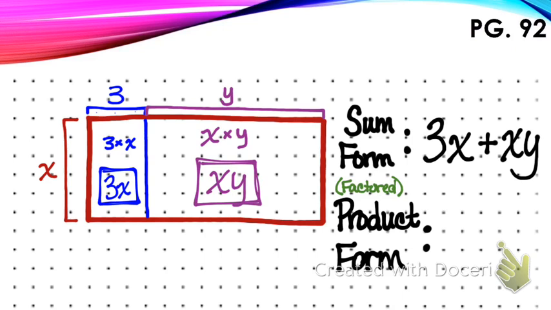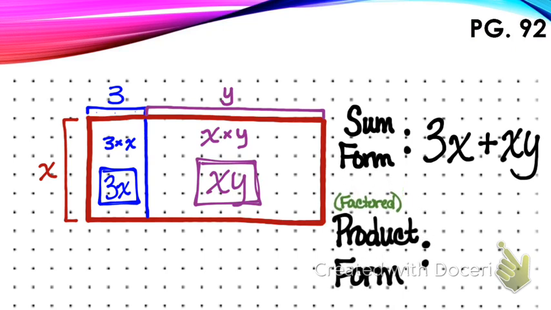All right, I'm going to write product form, factored form next, and then we're going to finish up. That's pretty much going to be the end for today. How do I find the area of the whole rectangle altogether? Add them together. That's my sum form. What about if I wanted to write it just as a single multiplication problem? So you're going to say it's going to be x with parentheses of 3 plus y.